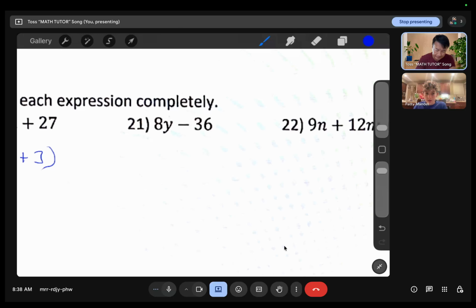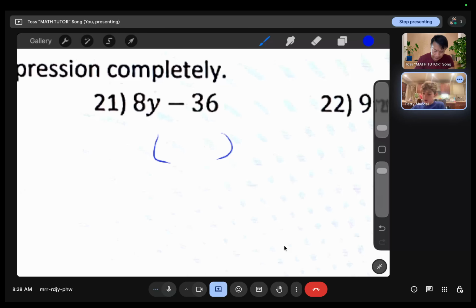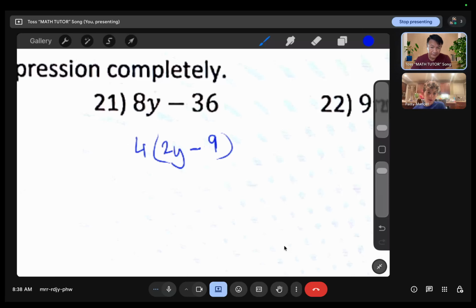What do you think? 4. 4, and what's inside? 2x minus 9. Okay, check this out. Let me double check. Guess what? That is correct.